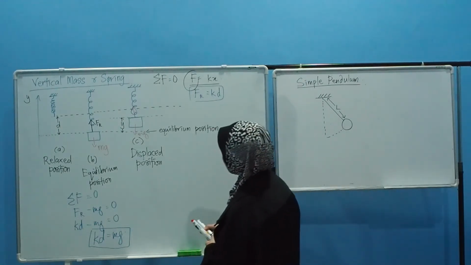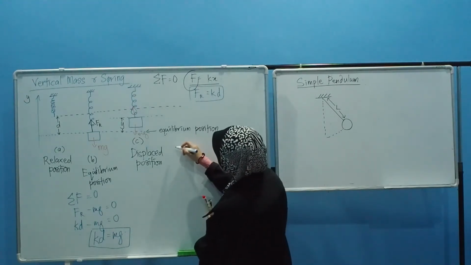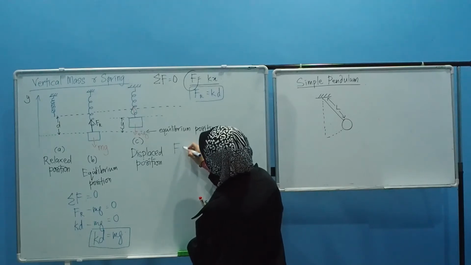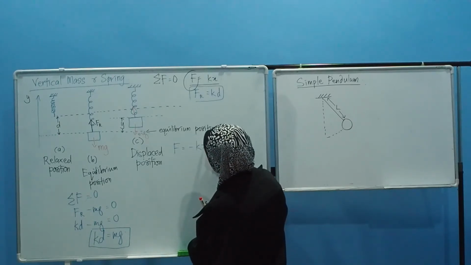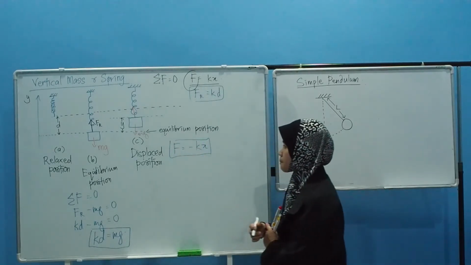By using Hooke's law, F is equal to minus Kx. From Hooke's law, F is equal to minus Kx.